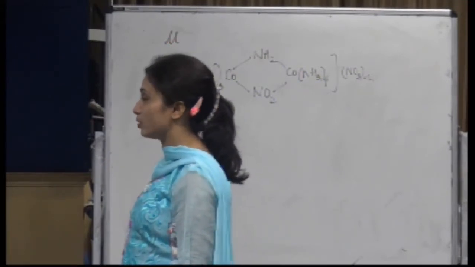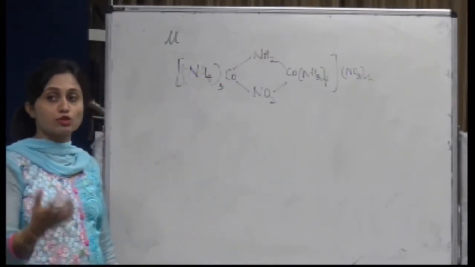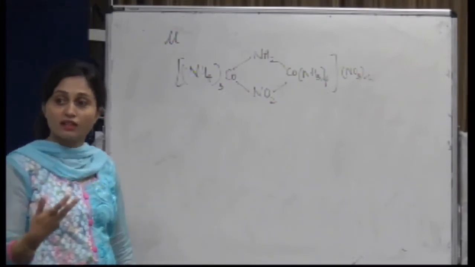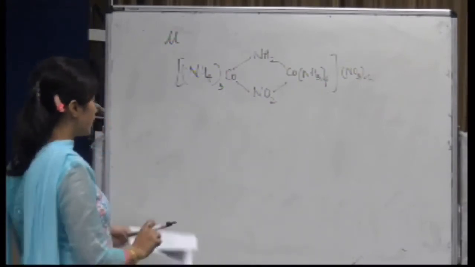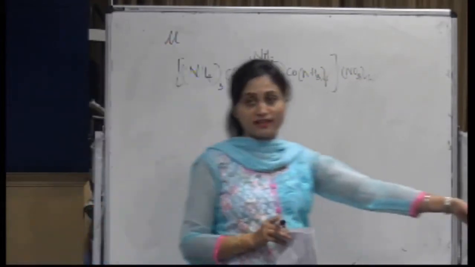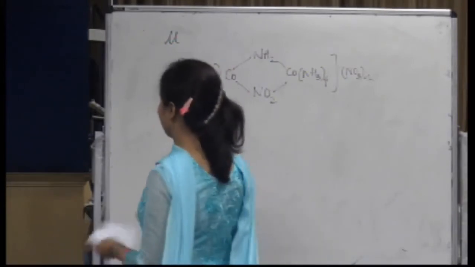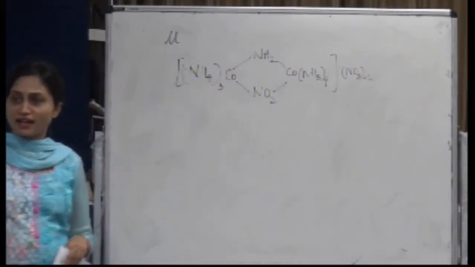Cyano or cyanido? I think both are acceptable because earlier in some of the books you will find that even chlorido is written as chloro. But I think what you can refer to is cyanido. I'll confirm it with the examples that are generally given for your IIT JAM exams, and then tell you. Cyanido, because it's the cyanide ion.